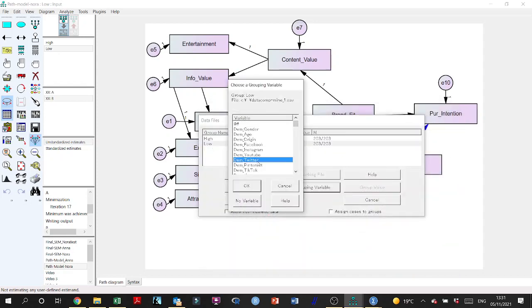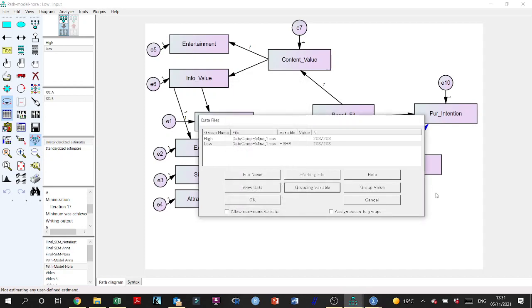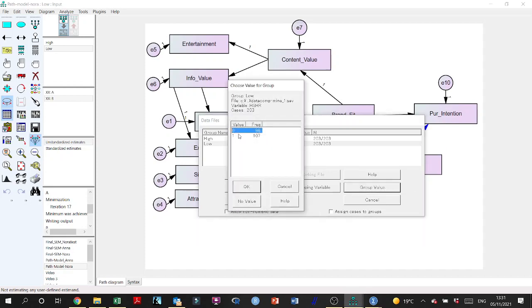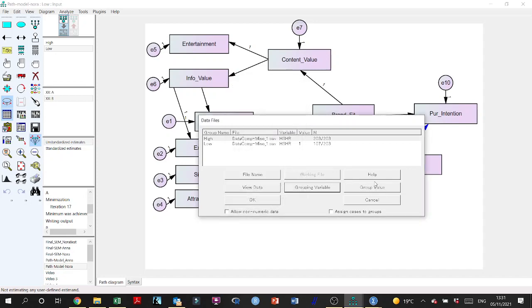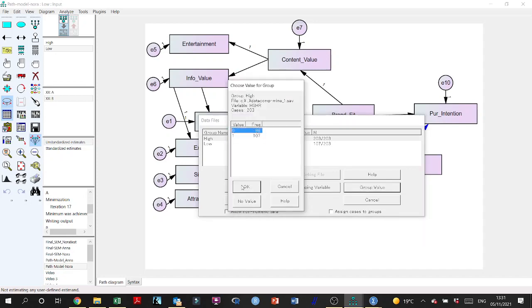And then the grouping here is going to be the last one here. High, high is here 1. And this is going to be high, high, but 0. Not high, high.